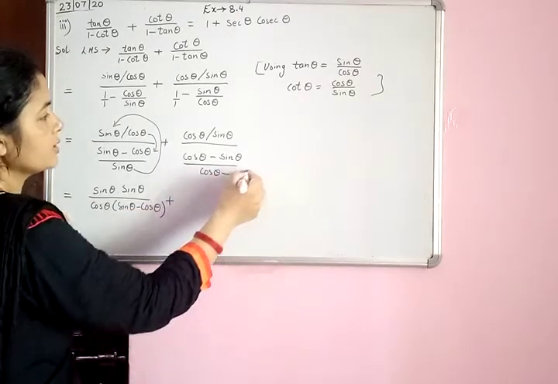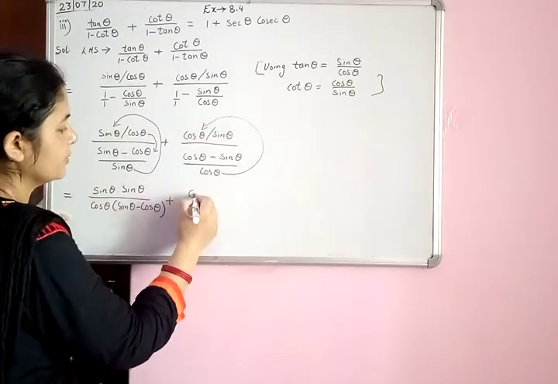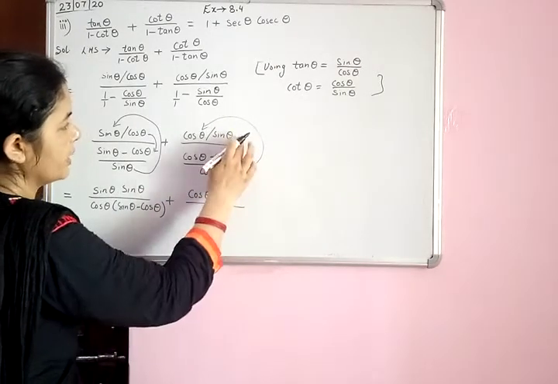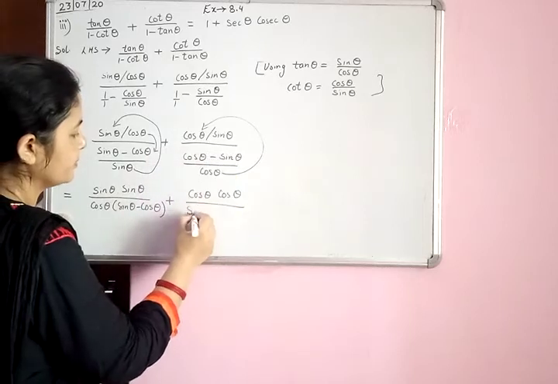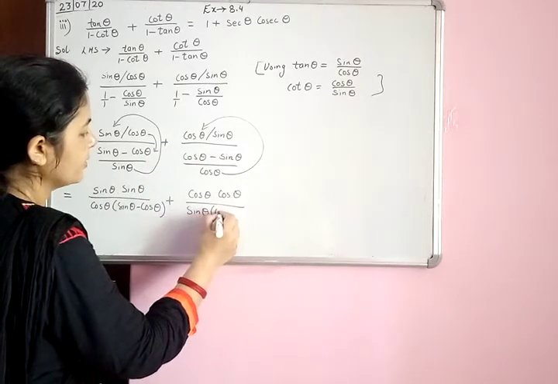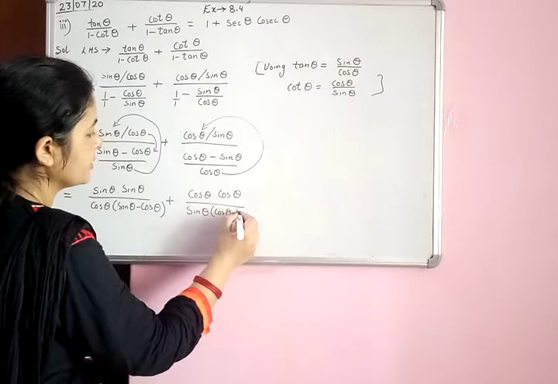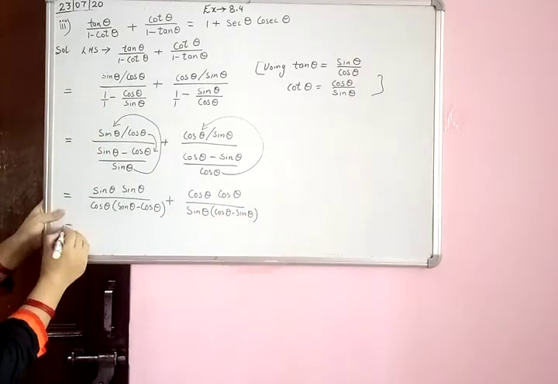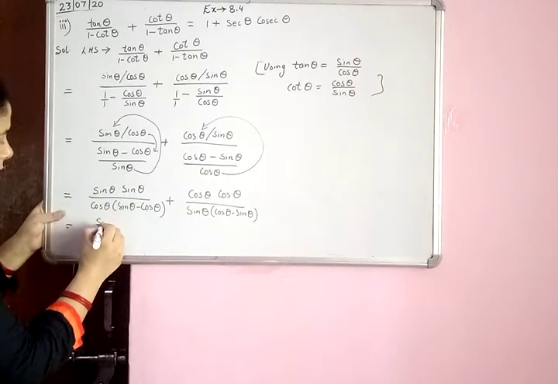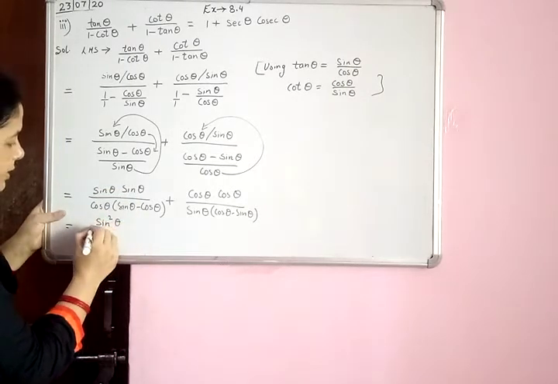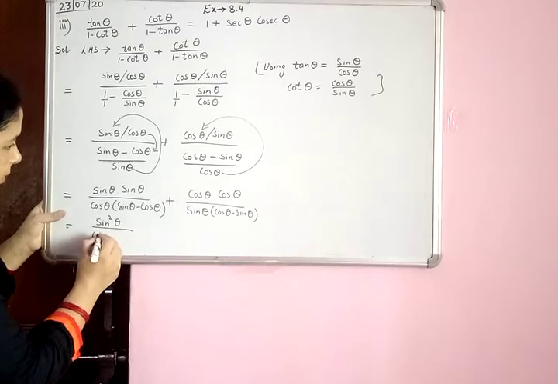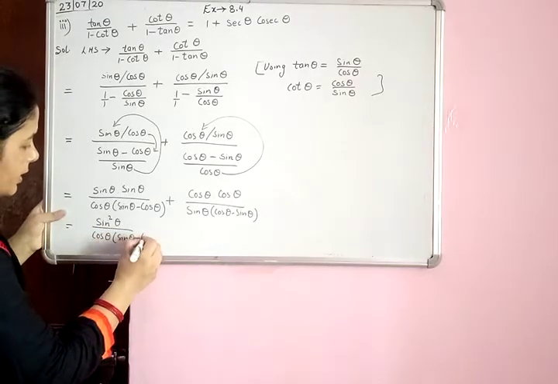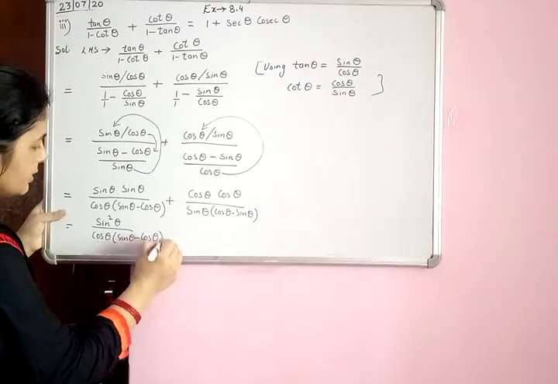Same here, cos theta will multiply by cos theta, and sine theta will multiply by cos theta minus sine theta. Okay, now look at here, sine theta into sine theta is sine square theta upon cos theta into (sine theta minus cos theta).